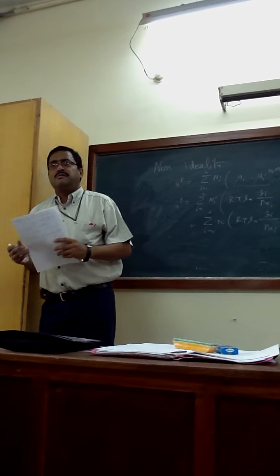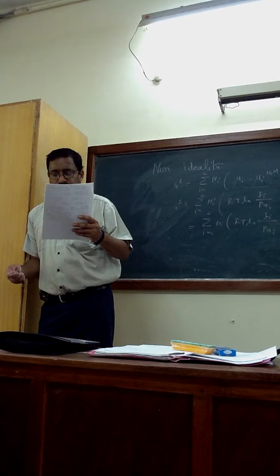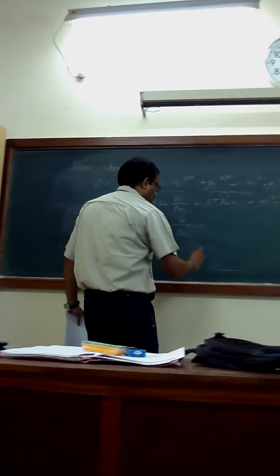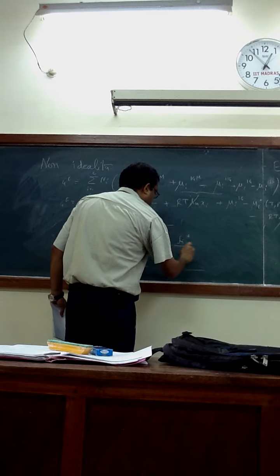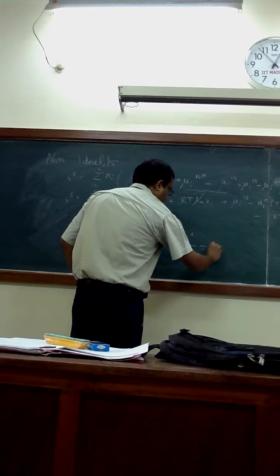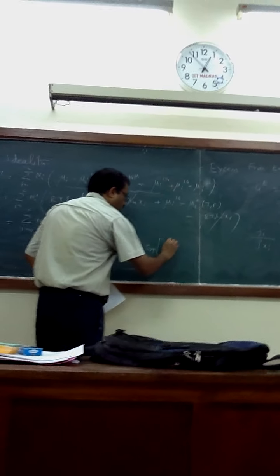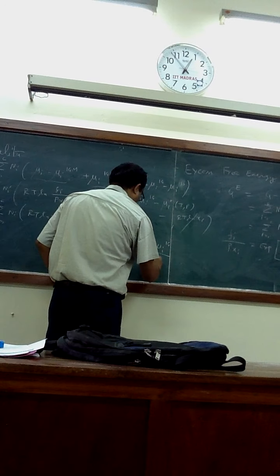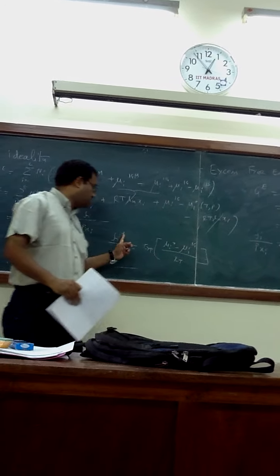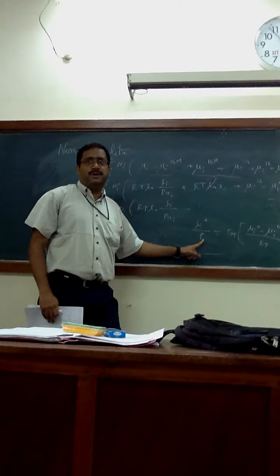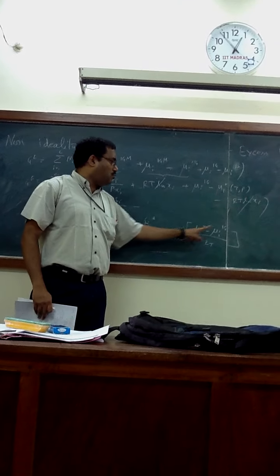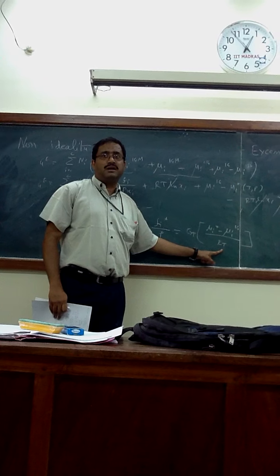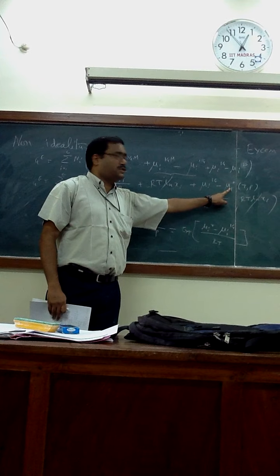So from the fugacity relation, I have done it like that: Fi star by P is exponential of (mu i star minus mu i Ig) by RT, for the pure substance. F by P equals exponential of (mu minus mu Ig) by RT. This talks about the pure substance, not Ig.